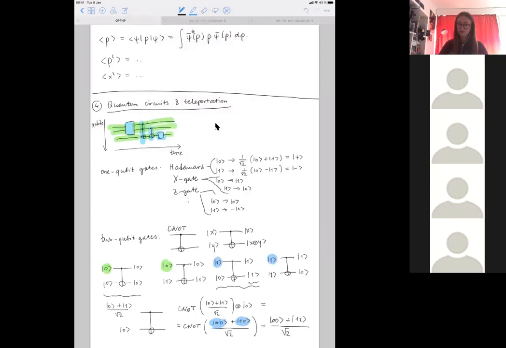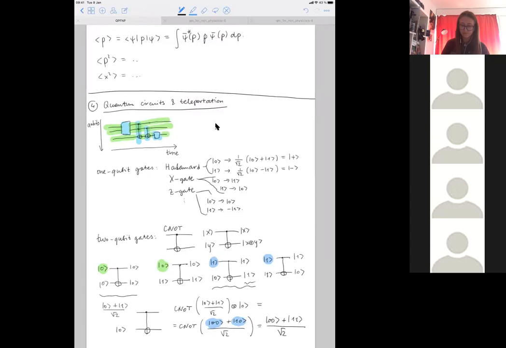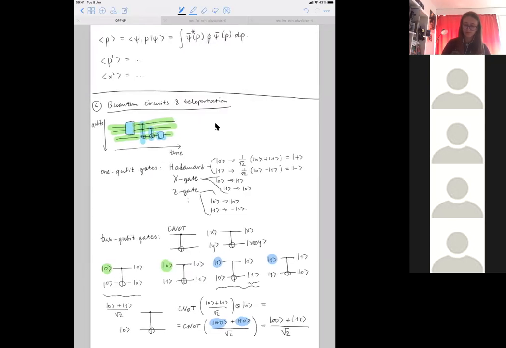So what we get is (|00> + |11>)/sqrt(2). And this state that we got here, (|00> + |11>)/sqrt(2), is one of the states in the so-called Bell basis. So the Bell basis is a basis for the system of 2 qubits.